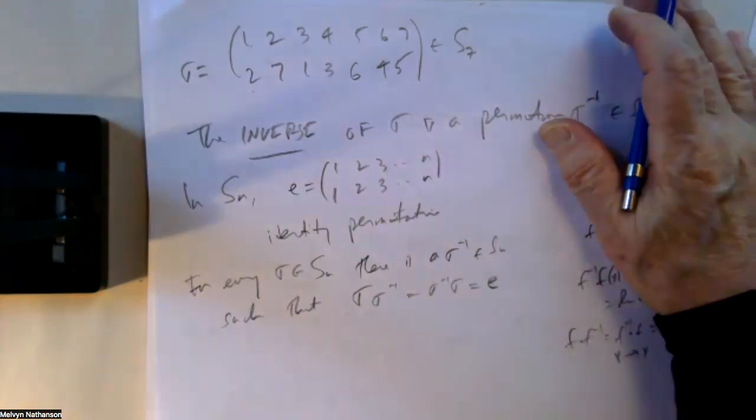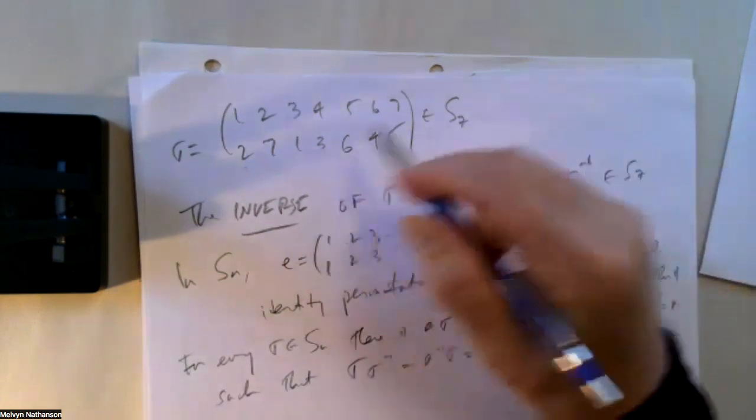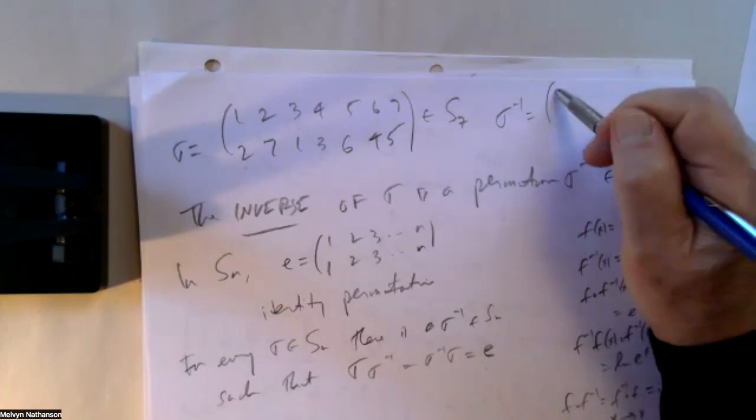So let's try to figure out what that is. If you apply sigma to a number A and you get B, then sigma inverse has to send B back to A. That's the only way you get the identity. So for this permutation sigma, what would the inverse be?